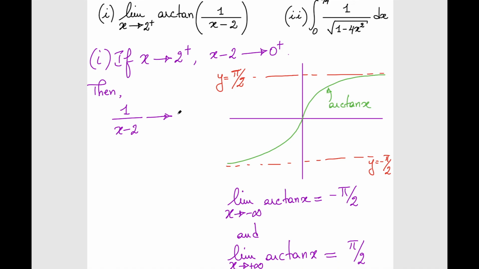Correct? One more time. If the denominator, x minus 2, is going to 0 from the right, the result should be positive for sure, because numerator positive, denominator positive, so the result is positive. Sorry, it's so big, I should say, because the denominator is so small. That whole thing is going to blow up.